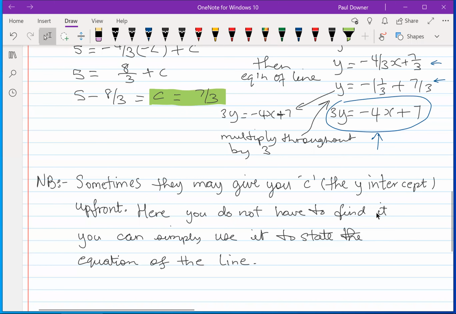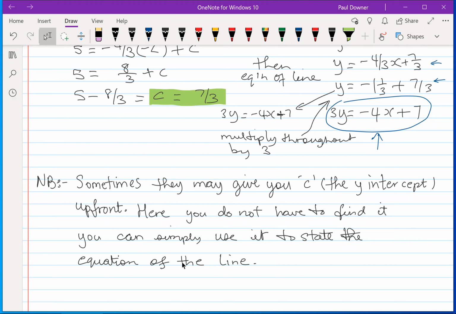Here, you do not have to find it. It will be given to you already. You just have to make sure you recognize that they give you the y-intercept, and you simply use it to state the equation of the line. So they might give you the gradient and they might give you C in a very underhanded way. You have to recognize, well, okay, this is the y-intercept, and therefore you use it.